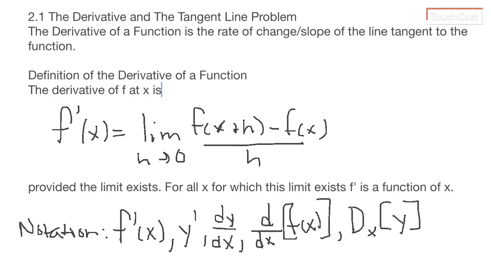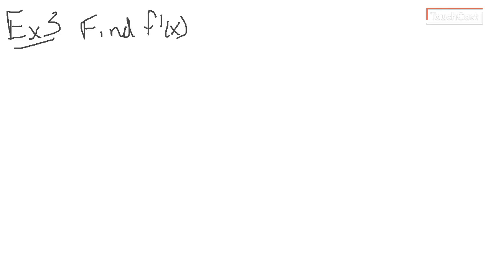So now let's look at another example. We'll call this example 3, and we're going to find the derivative f prime of x when f of x is equal to x cubed plus 2x. And we're going to use that limit process.